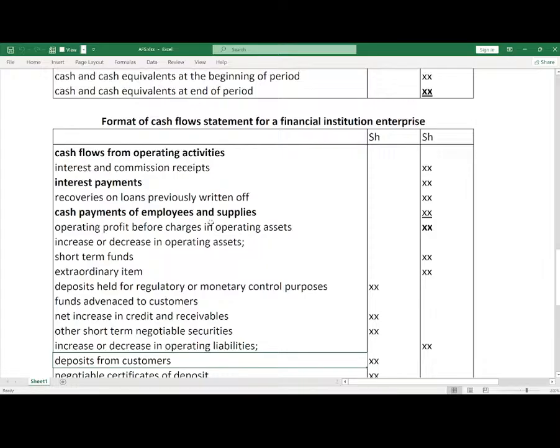So we have to start with the cash flows from operating activities. So we have interest and commission receipts. So we also have to add the interest payments. You have the recoveries on loans previously written off. We also have to have the cash payments to employees and suppliers.